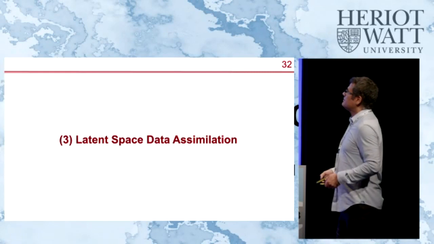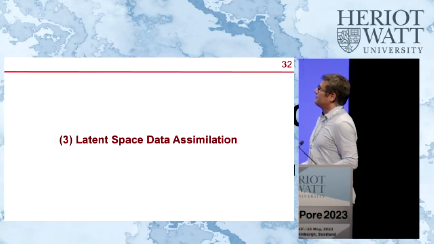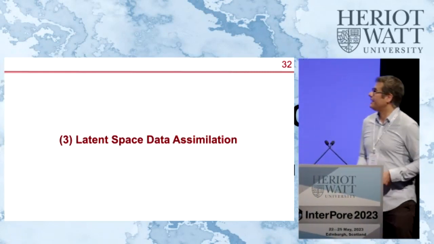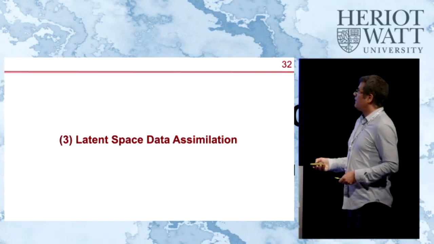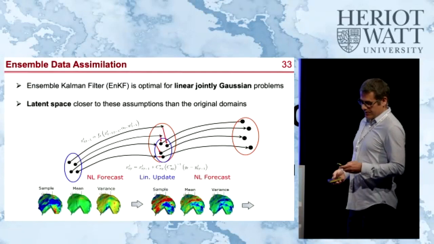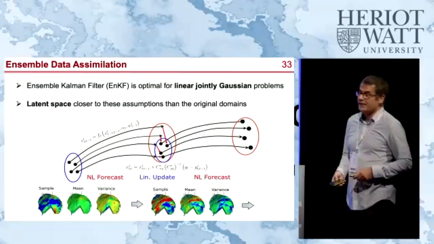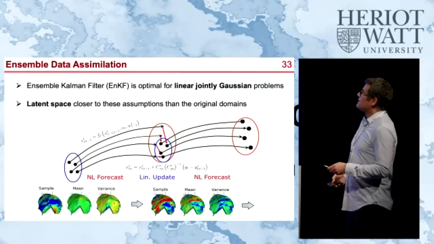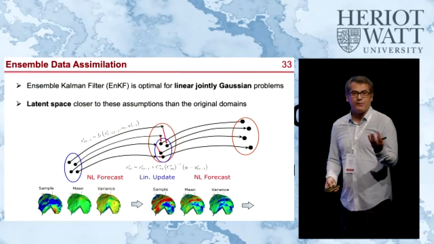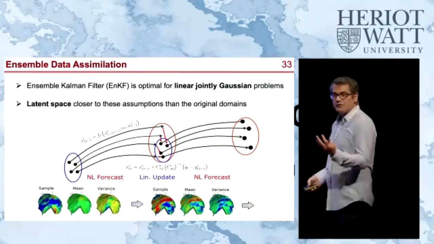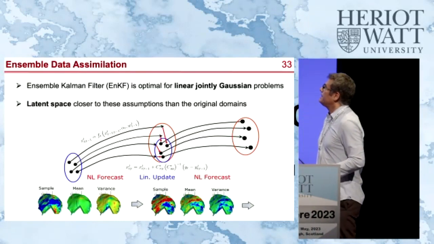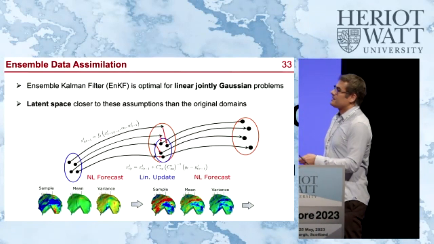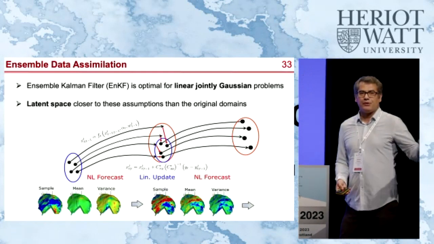Now, let me switch to the last part, which is the latent space data assimilation. Another application of this kind of latent space representation is performing data assimilation in the latent domain. What happens here is that the latent domain has certain properties, including Gaussianity, a typical assumption applied to the latent domain, and some of the nonlinearity is captured by the encoder and decoder.